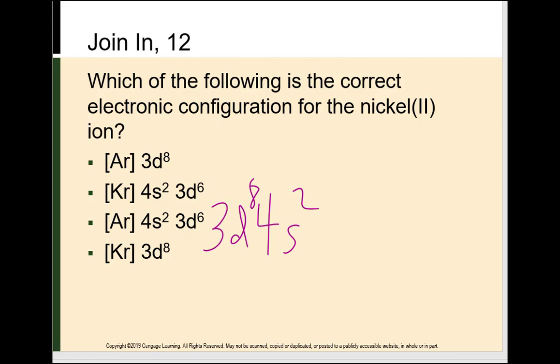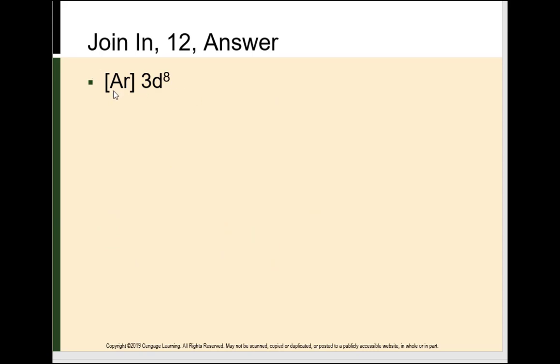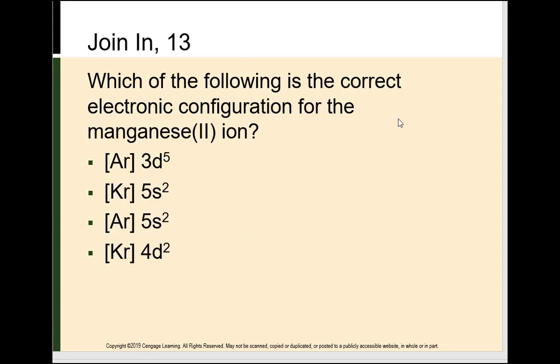We want to lose 2. We're going to lose the highest n. So let's see, the noble gas before it, argon. So it's either got to be this one or this one. So we know it's got to be argon 3d8.